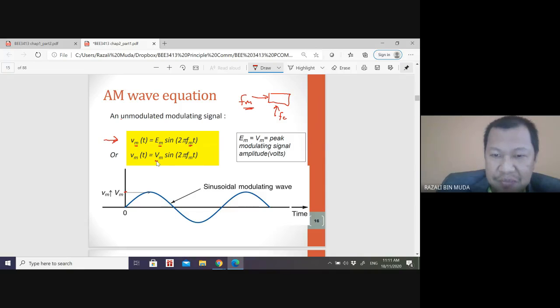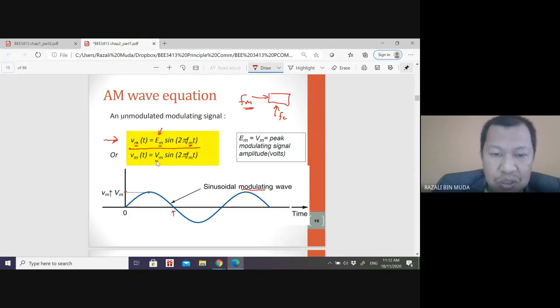This is a modulating signal with maybe some value here, ataupun kita beritahu lah ni berapa dia punya frekuensi and berapa sini, what is the value of amplitude, then you should be able to write this equation. Simple kan? So yang ni tak perlu isi apa-apa. Yang ni just gantikan dengan nilai ni. Dan nilai kat sini, gantikan nilai ni.